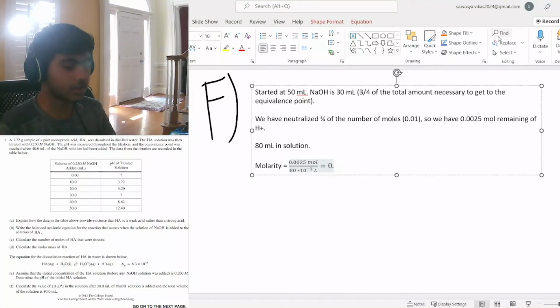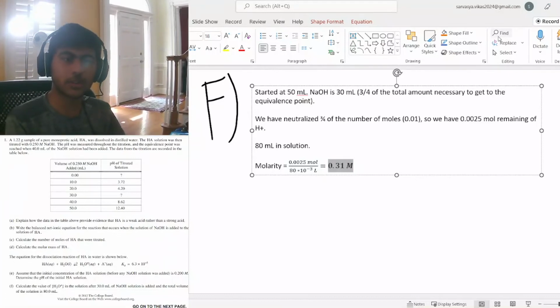To two significant figures, it's going to be 0.31 molar, and that is our initial concentration of hydronium in the solution after 30 milliliters of NaOH solution is added, and the total volume of solution is 80 milliliters.